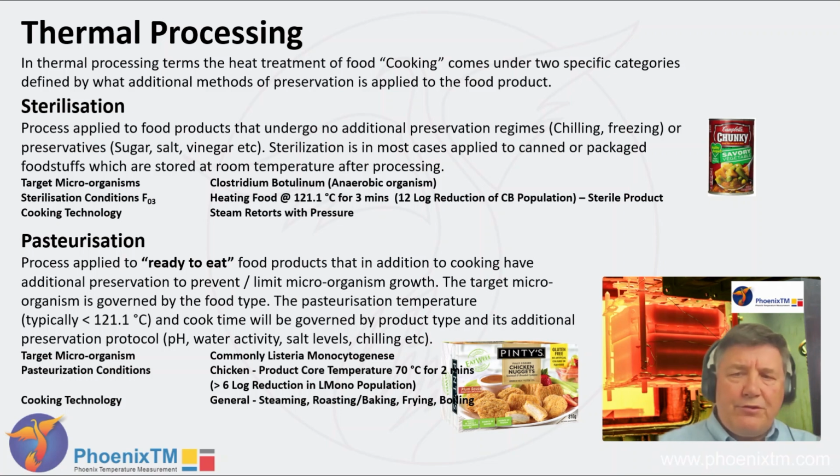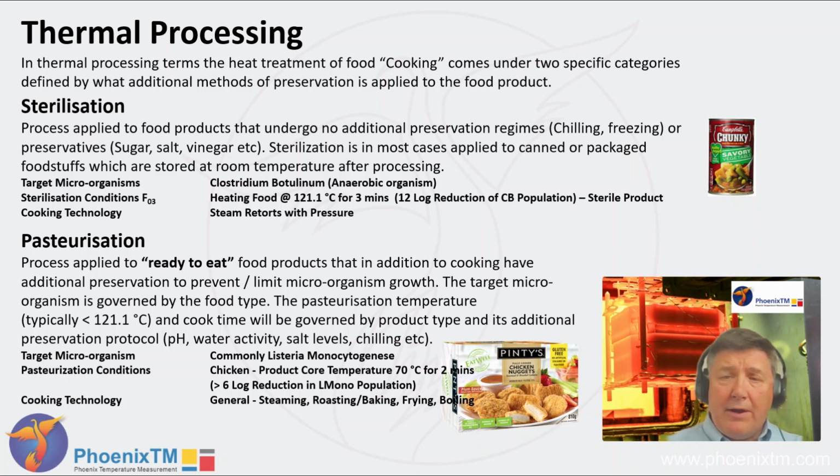Food processing, though, generally is separated or split into two separate categories. One is referred to as sterilization, and the other is pasteurization, which we're really going to focus on. Sterilization, as its name suggests, is a very harsh form of cooking, whereby you wish to kill all of the microorganisms in the product because there is no additional preservation of the product after the processing step.